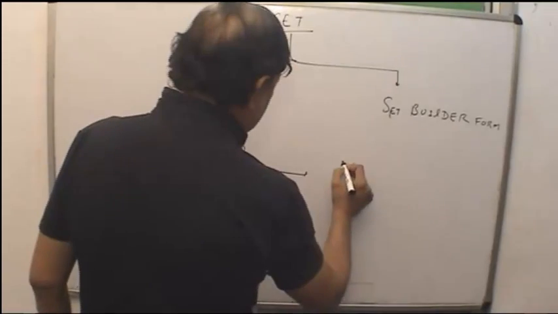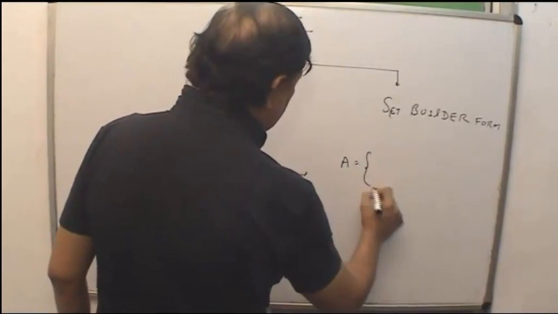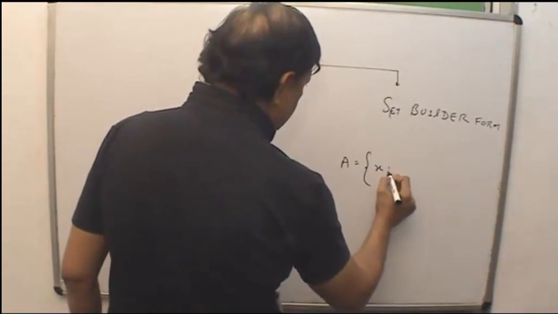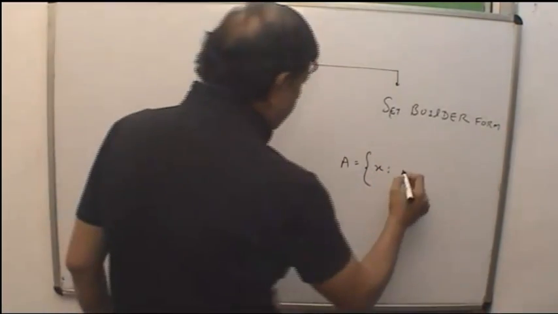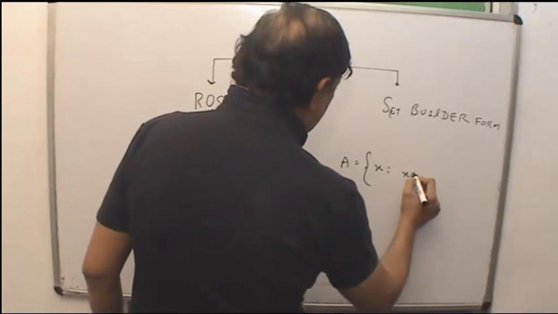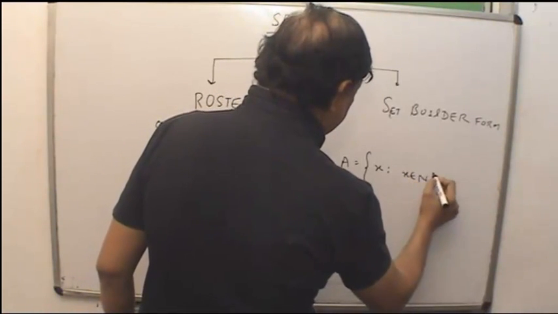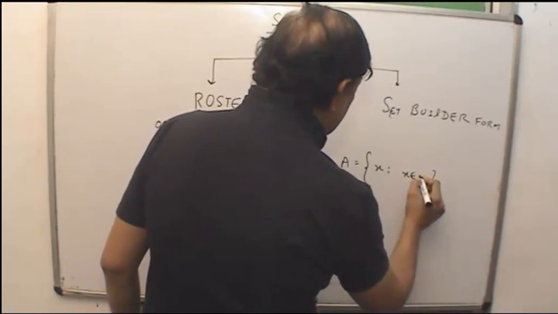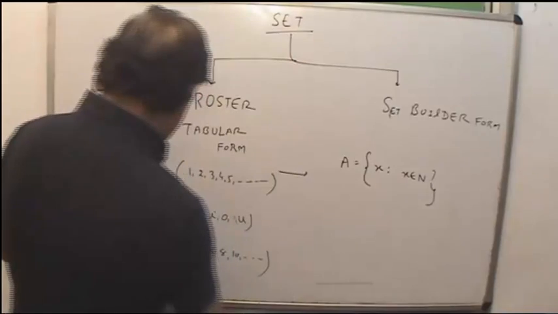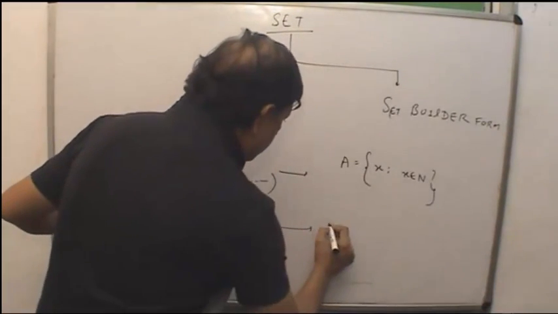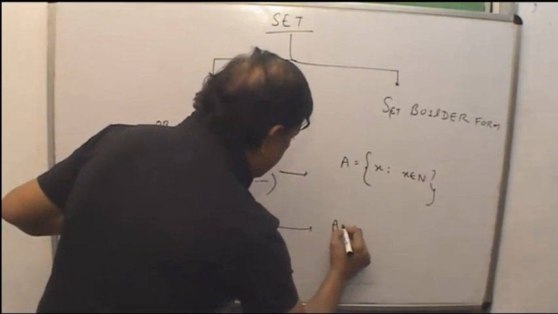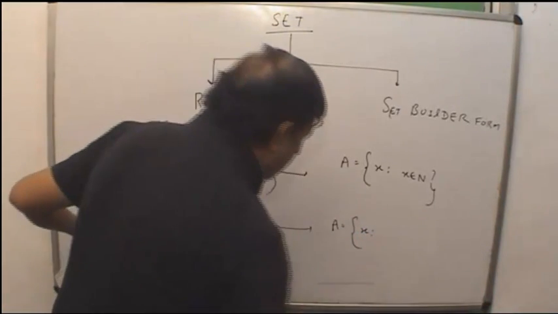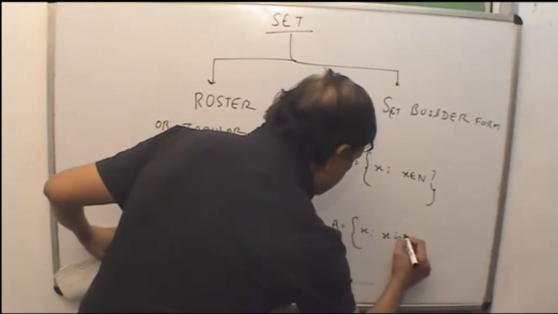We write A, generalizing the natural number: x such that x belongs to N. Who is N? N is the set of the natural numbers. Similarly, for the vowels we consider any element x, and we write x is a vowel.